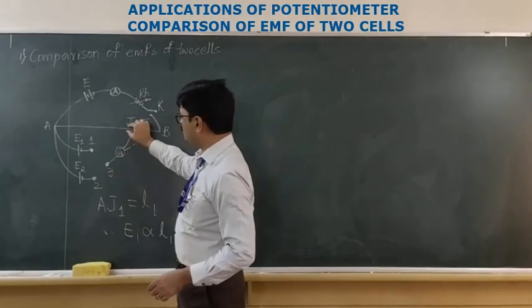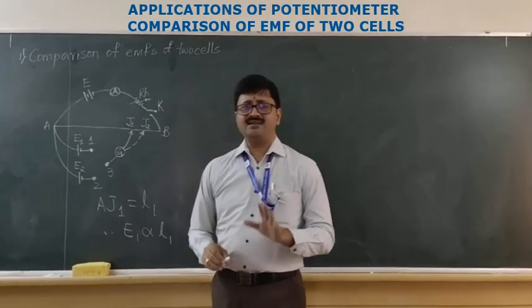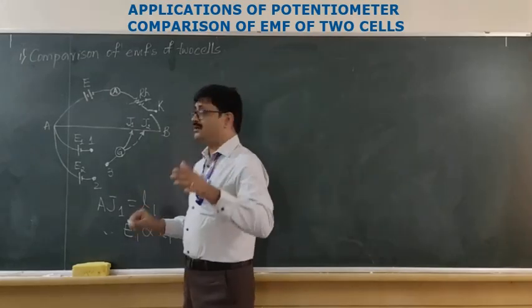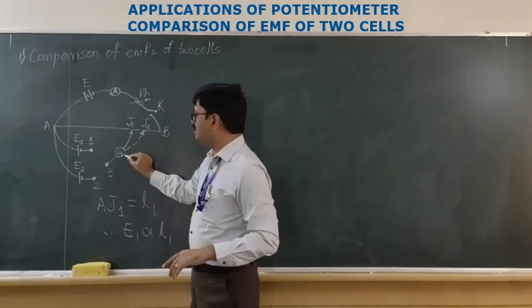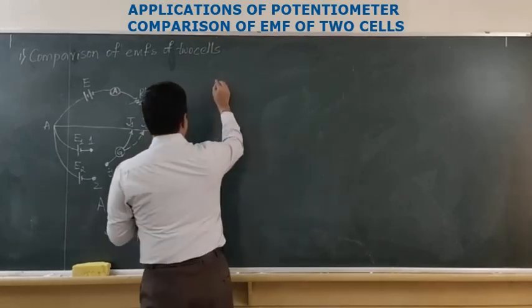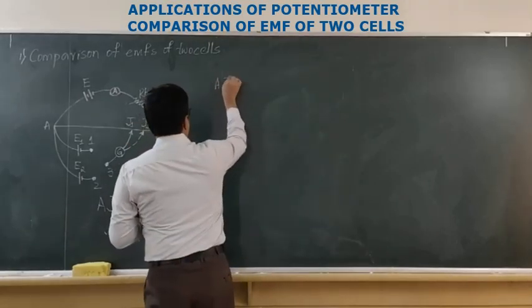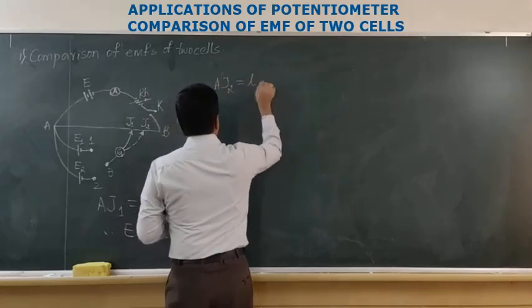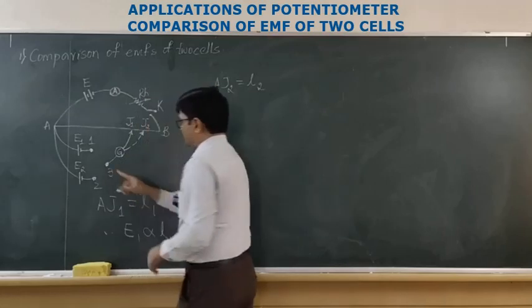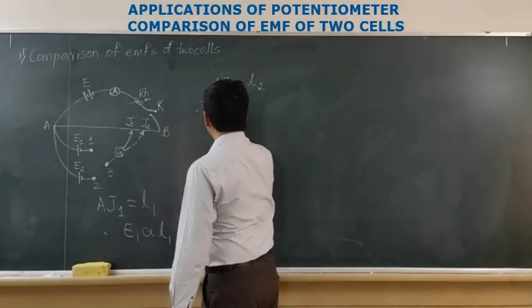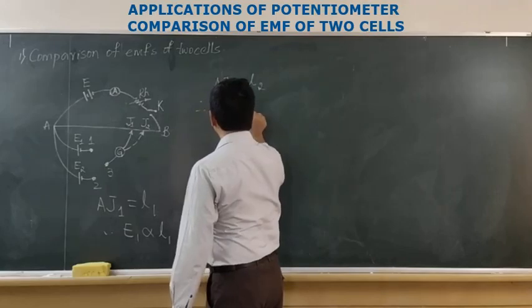Again, I will move the jockey, and I see that at jockey point J2 there will be a null deflection in the galvanometer, and that distance AJ2, I will take as L2, and eventually EMF E2 must be proportional to L2.